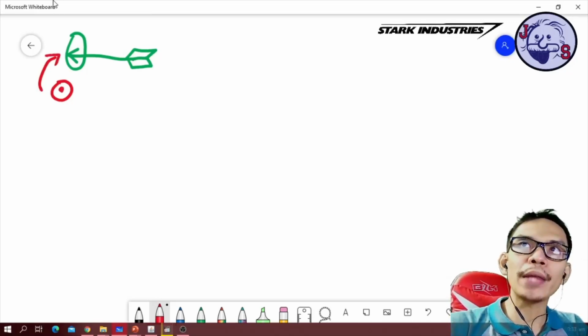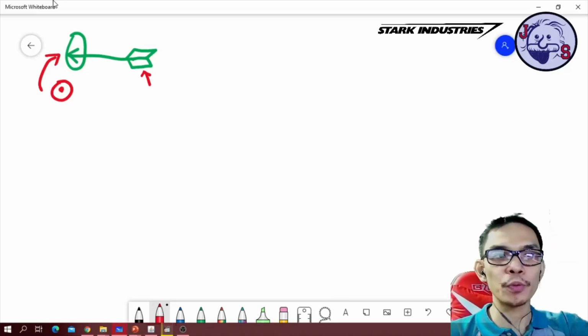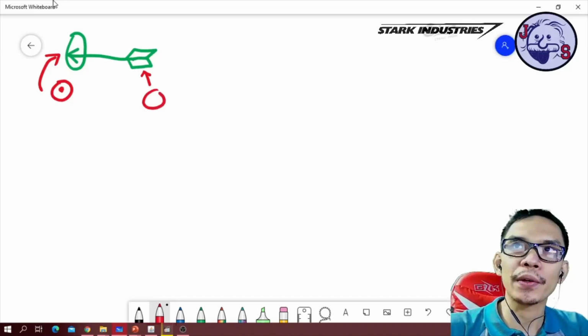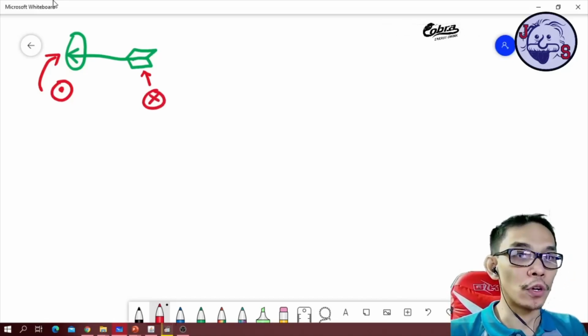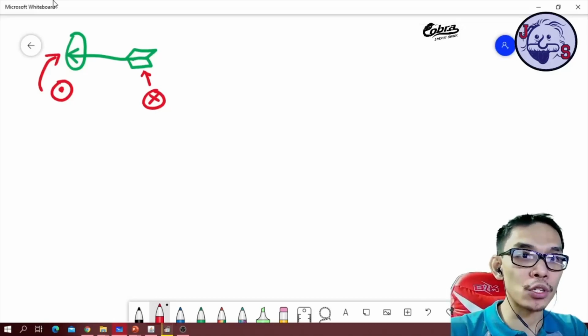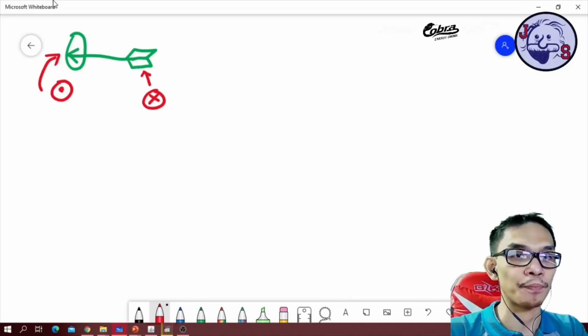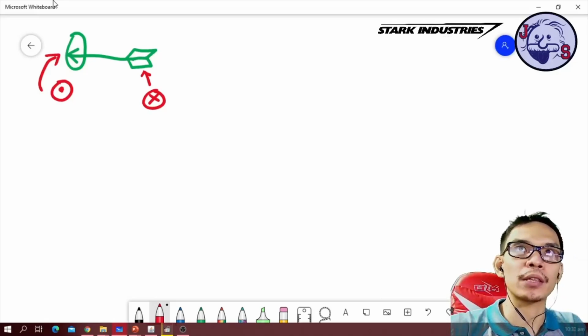Meanwhile, the arrow tail, when the arrow is moving away from you, looks like this. We are dealing with two-dimensional figures here. So the arrow tail looks like this, and the arrowhead looks like this dot over here.